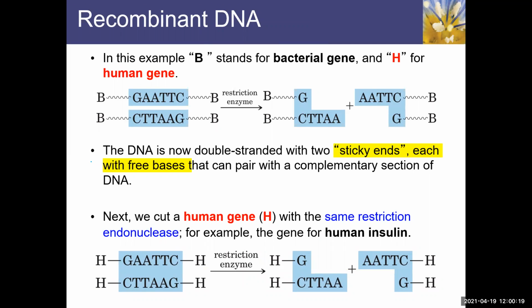Then, if you remember, I told you that this cannot happen without specific scissors, the way we have scissors to cut something. Especially, we have the restriction endonuclease enzymes, which help in cutting the DNA. We call them molecular scissors. They cut the DNA at exactly the same position, but the cut is staggered, as you can see here.